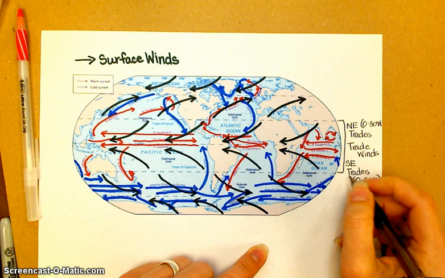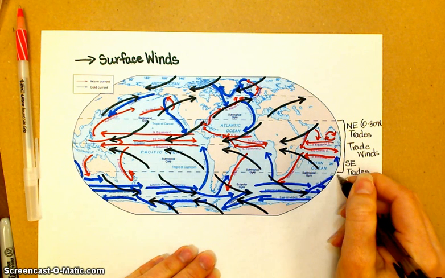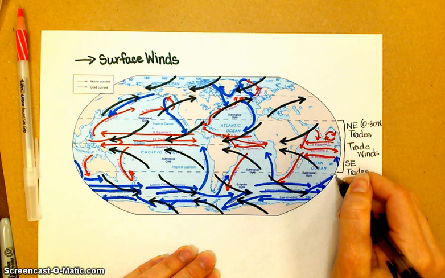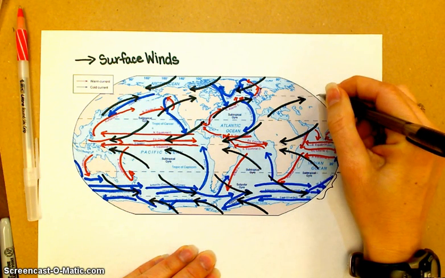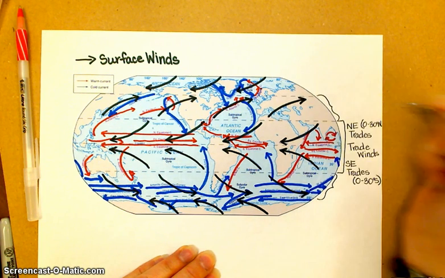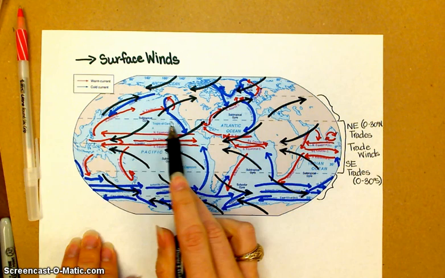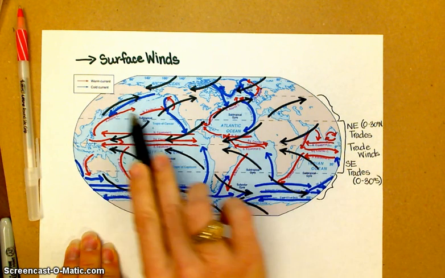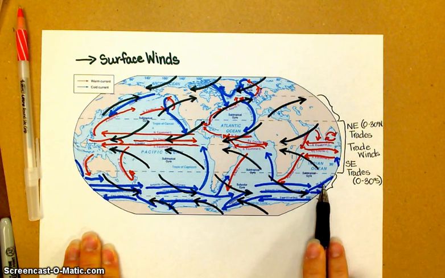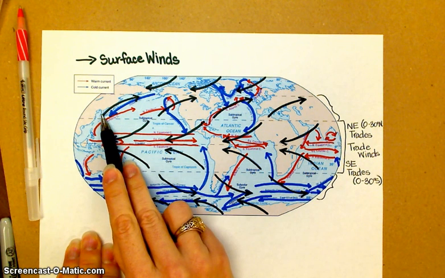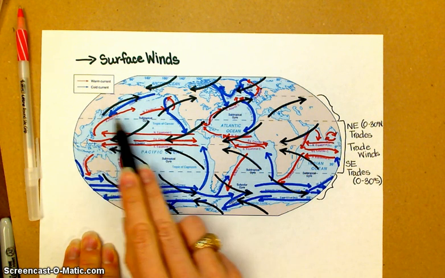Then we have winds that go from 30 degrees north or south to about 60 degrees. In both of these areas, from 30 to 60 degrees in the northern hemisphere and from 30 to 60 degrees in the southern hemisphere, generally speaking, the winds are blowing from the west.